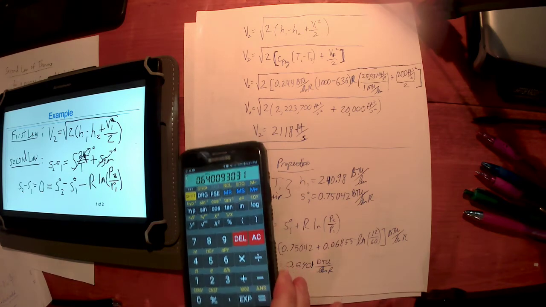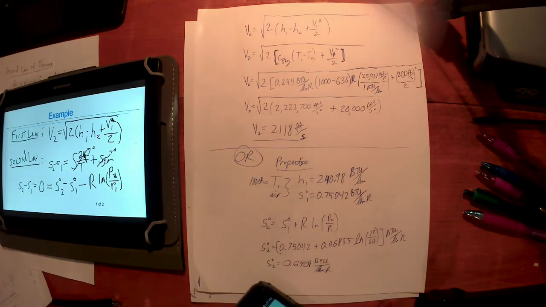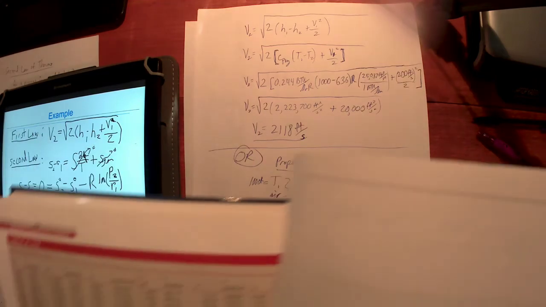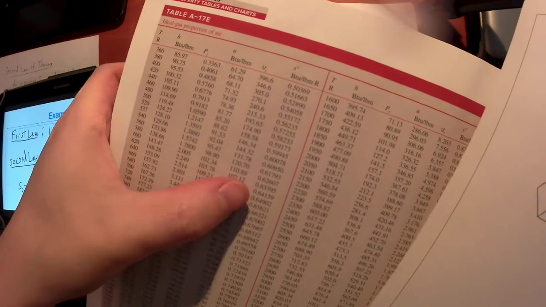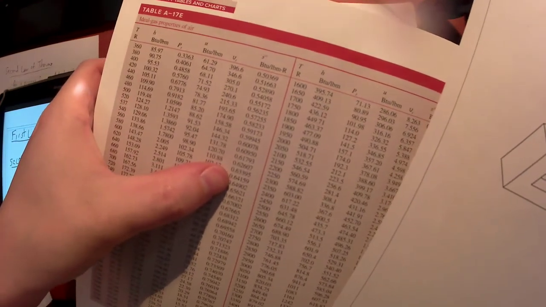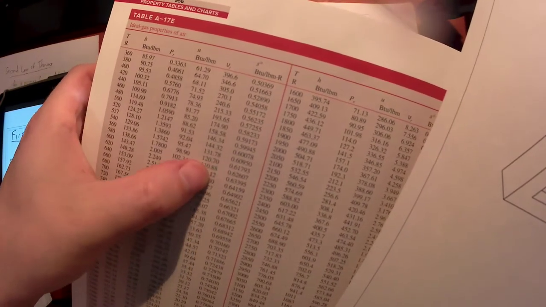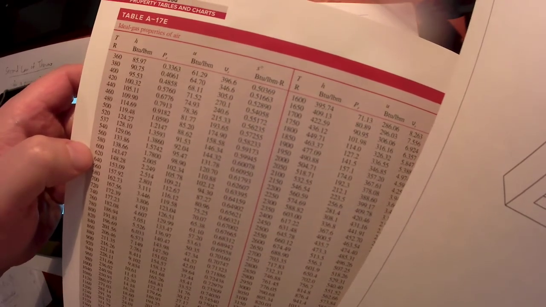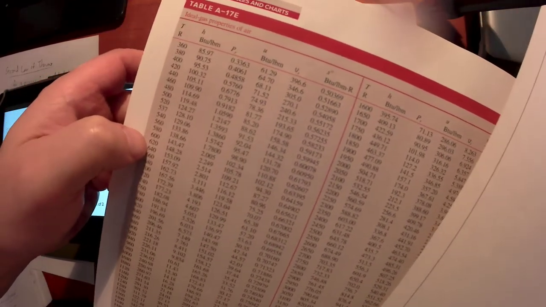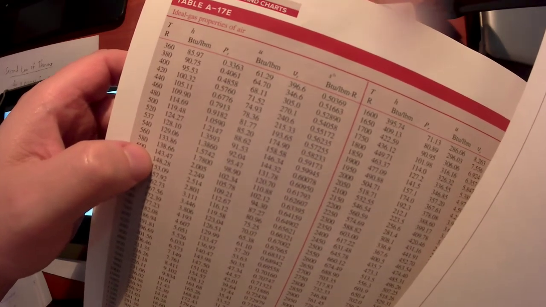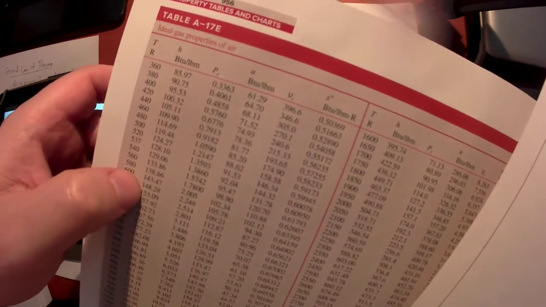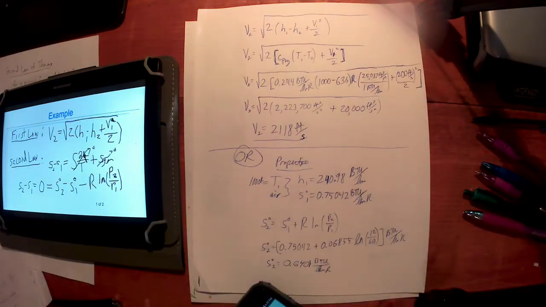Okay? So let's see where that puts us. You can see here, 0.640 would be between these two rows. That puts us between 620 and 640, which is where we would expect. So that means our h is going to be between 148.28 and 153.09.